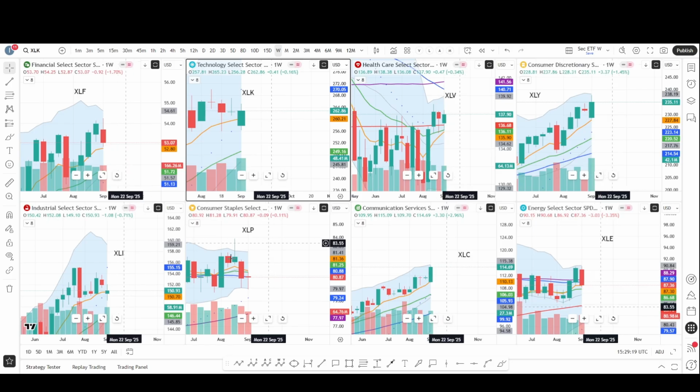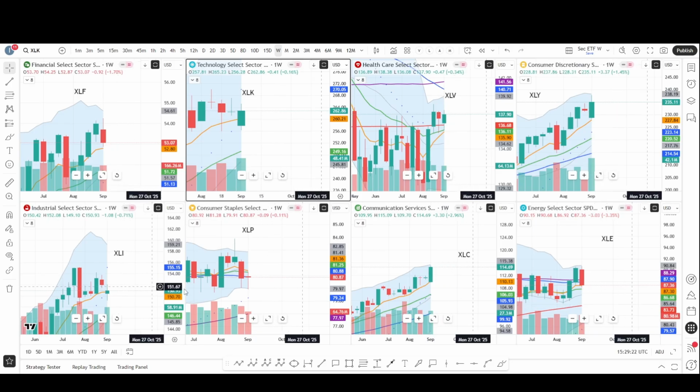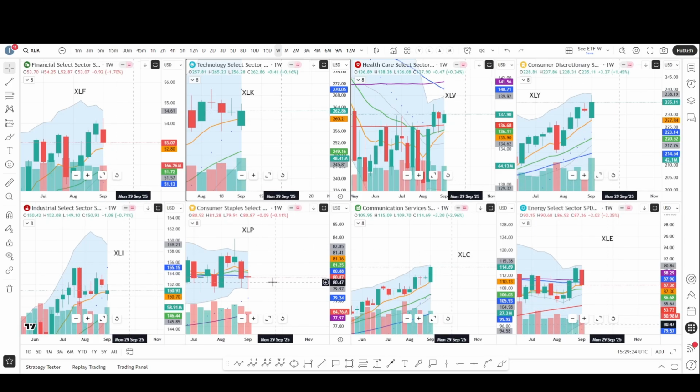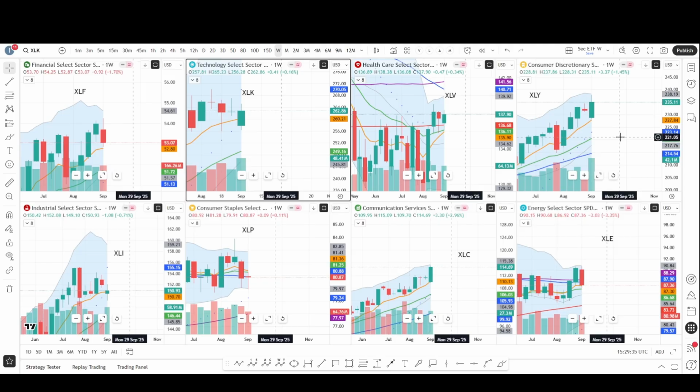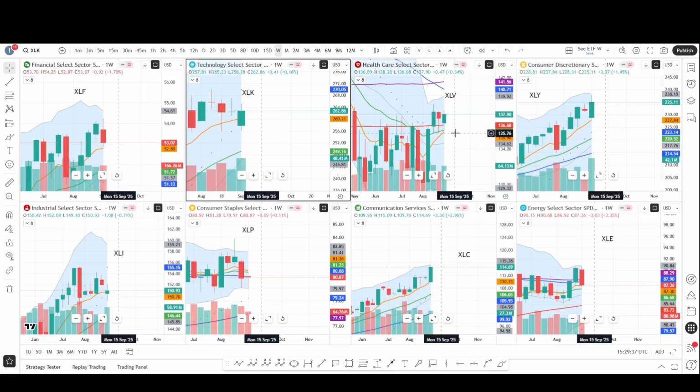Some of them like staples and industrials are bullish neutral, so still pending confirmation. But technology and communication and discretionary and even healthcare are fairly strong bullish.